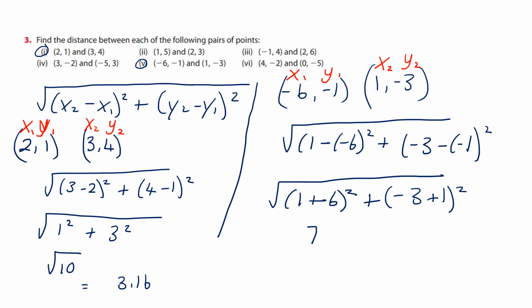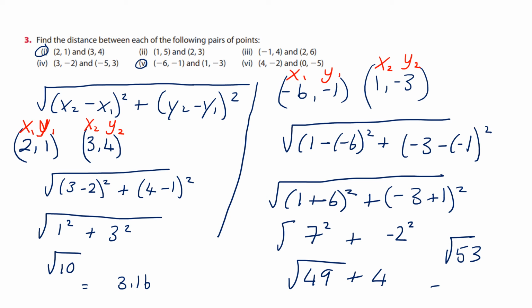So that's going to give us the square root of 7 squared, and then we have minus 3 plus 1 is minus 2, that's minus 2 squared. So that's going to give us 49 plus minus 2 squared is 4. Remember, we're getting the square root of that, so that's the square root of 53, and we put that into our calculator and we get 7.28.